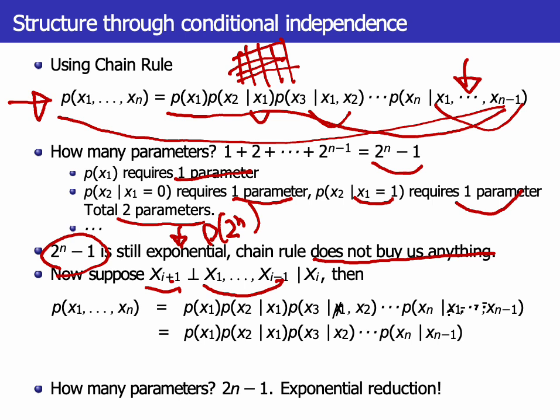So go back to the chain rule. P(x1) multiplied by P(x2 | x1), P(x3 | x1, x2) until P(xn | x1 to x_{n-1}). However, we neglect this part.